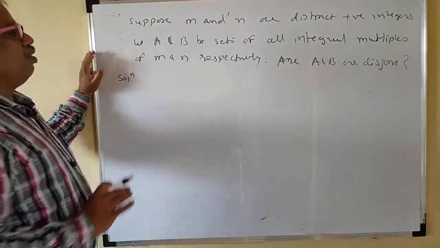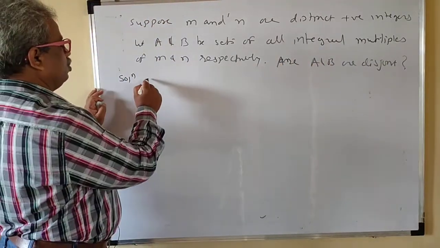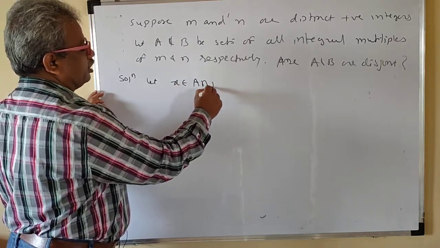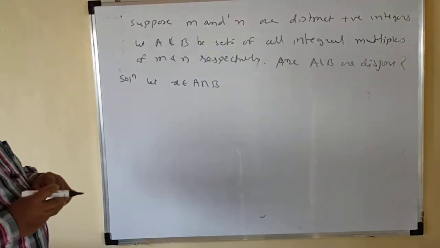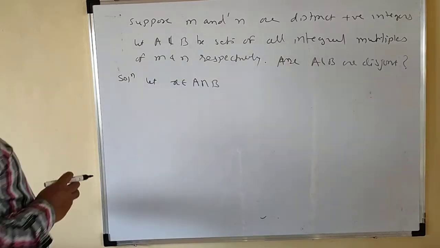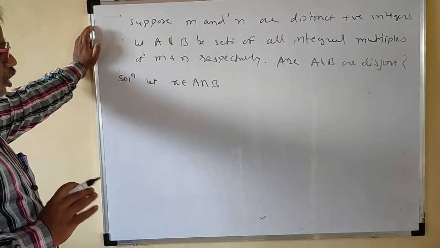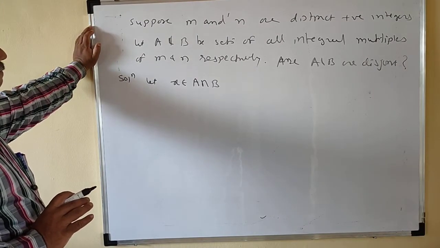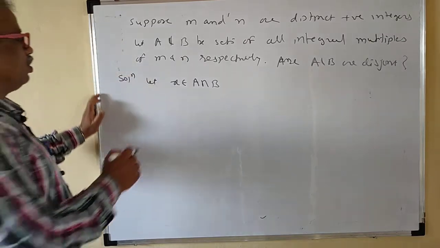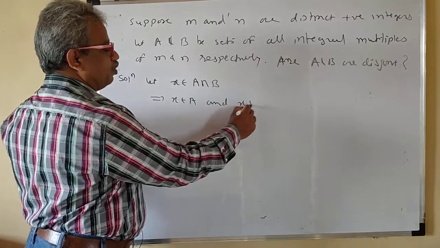Let x belong to A intersection B. Suppose x belongs to A intersection B. This implies that x belongs to A and x belongs to B.